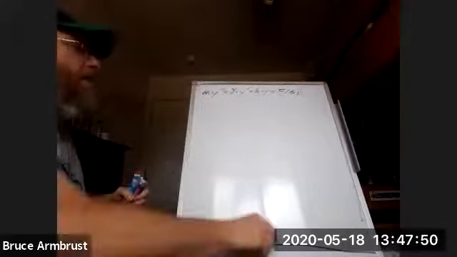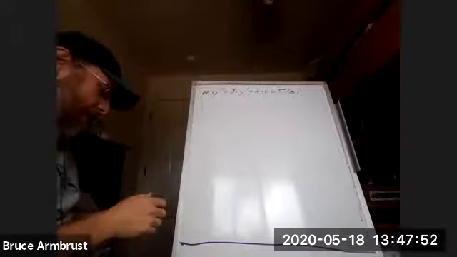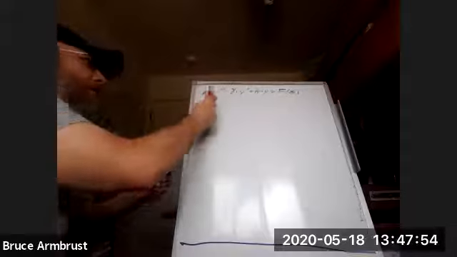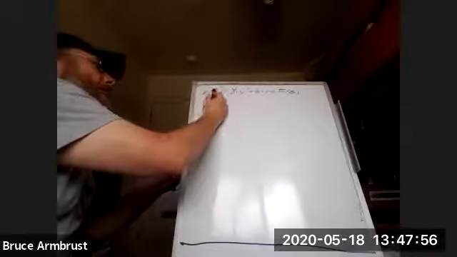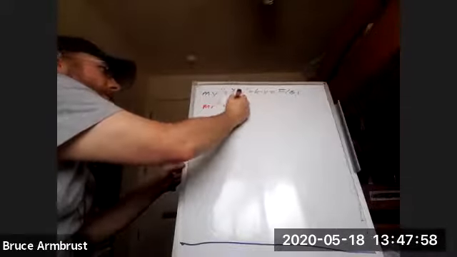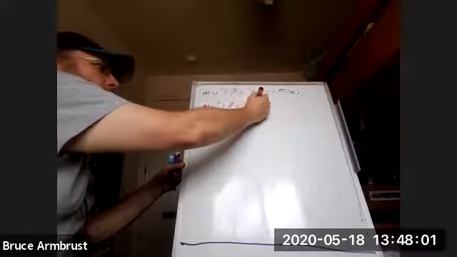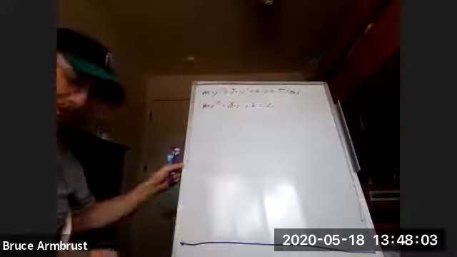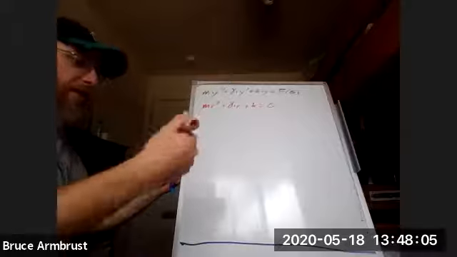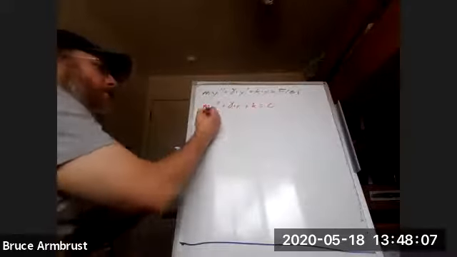Since this is good old constant coefficients, let's create the polynomial. We're going to get m r squared plus gamma times r plus k. Let's do it generically with the quadratic formula.